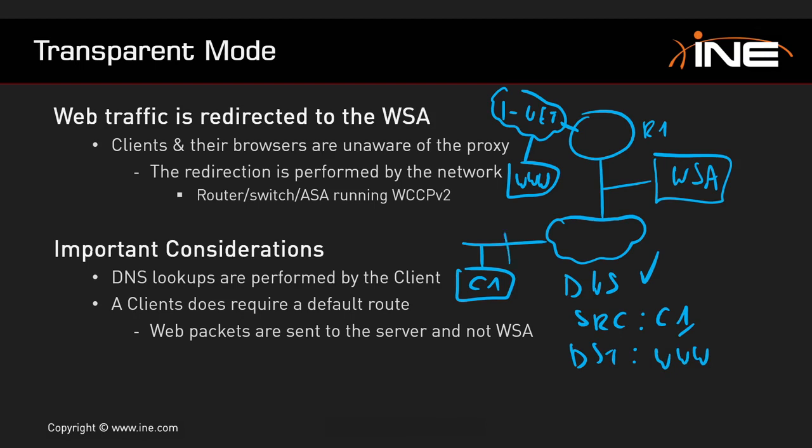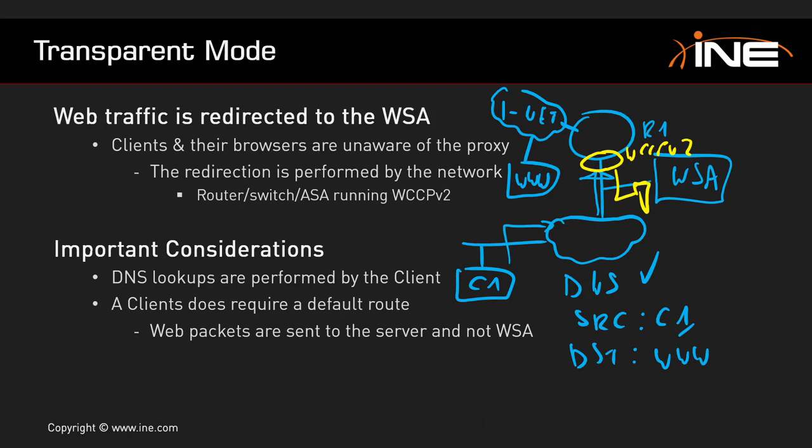So this technically goes in this direction, to the internal network and then to the edge router. But our router in this case is configured with WCCP, and it's going to be WCCP version 2, which causes this packet to be redirected to the proxy.